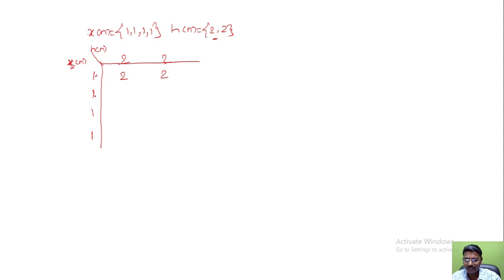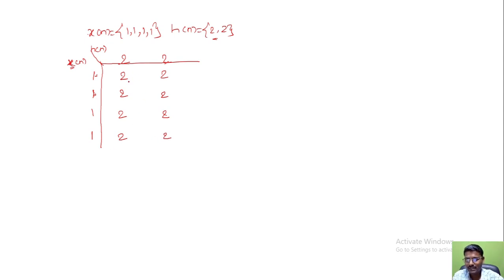Next, the second value of x of n is multiplied with the first value of h of n, so 1 into 2 again here. Then x of n is multiplied with the second value of h of n, 1 into 2 here. Similarly I multiply the remaining values and get this as the result.